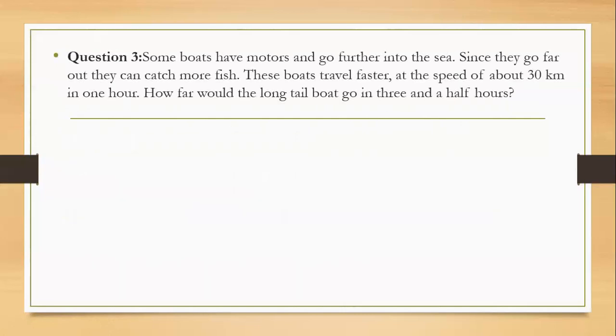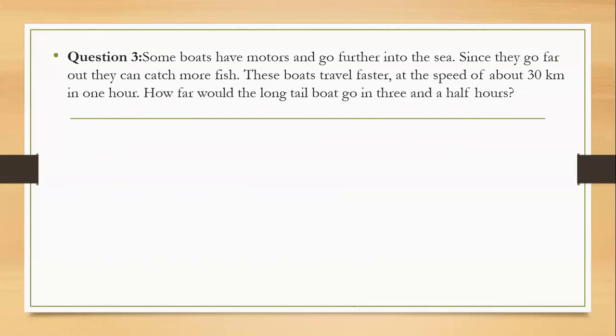We're going to the third question. Some boats have motors and go further into the sea. Since they go far out, they can catch more fish. These boats travel faster, at the speed of about 30 km in 1 hour. How far would the long-tail boat go in 3.5 hours?